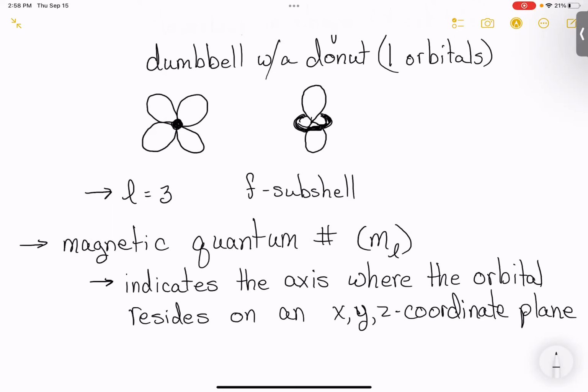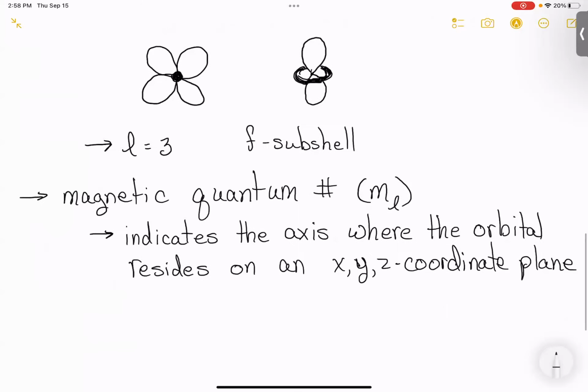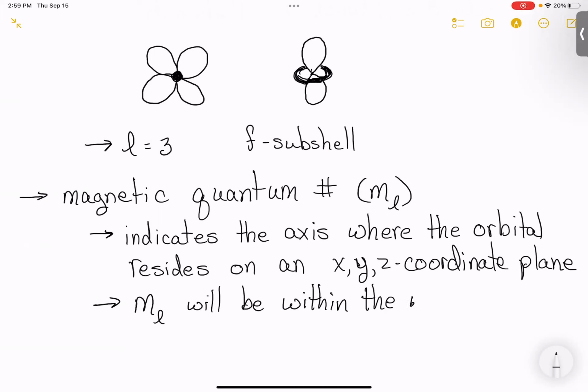Now, the only way to know the exact m sub l value is to solve the Schrodinger equation. But there is information we can still get without doing it. And that is, first of all, the magnetic quantum number will be within the range of negative l to plus l.